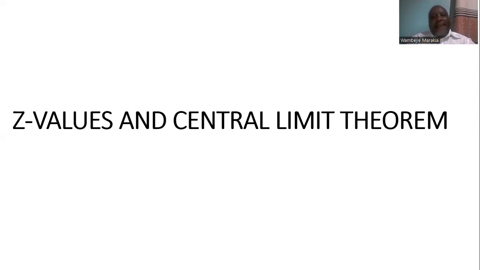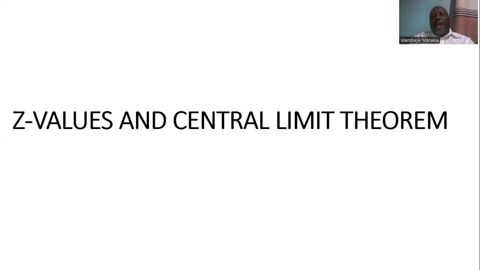But we can go further and come up with Z values from the mean and the standard deviation. And thereafter, we can see how statisticians have used these Z values in deriving the central limit theorem, and thereby even conducting robust research.